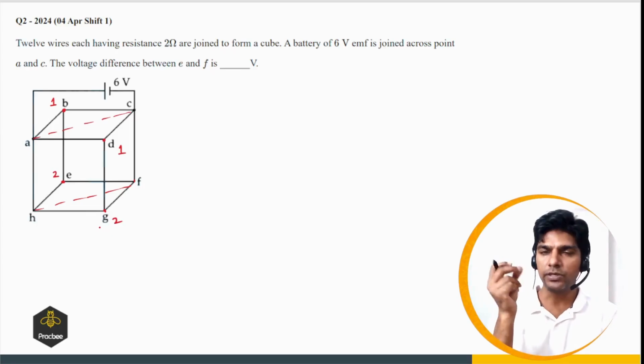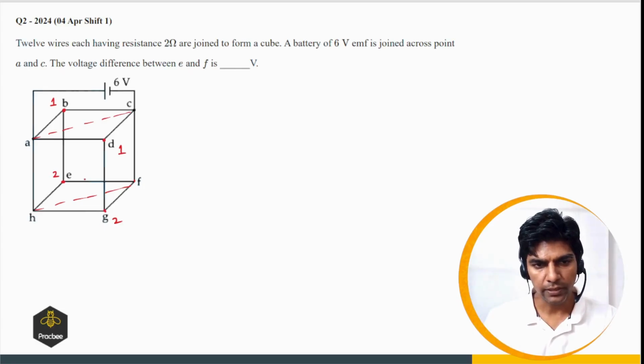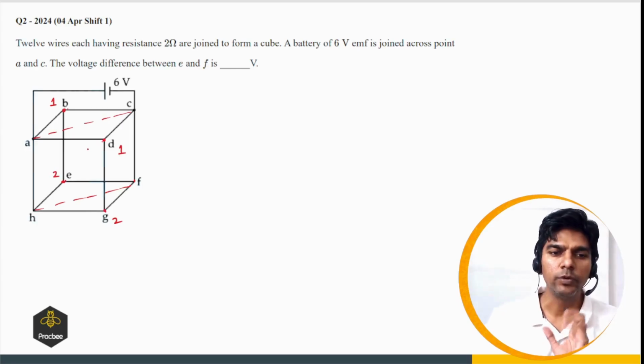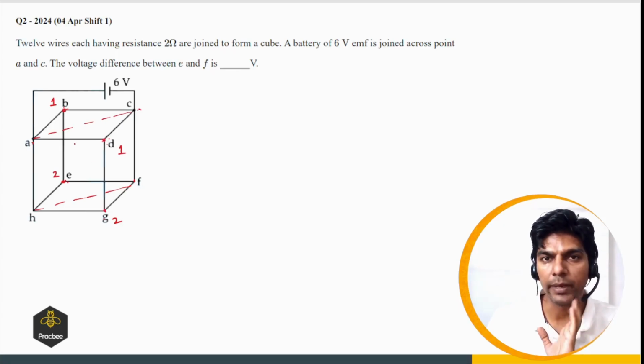Now we have equipotential points. If we join equipotential points, it does not change the circuit. So let us join B to D and E to G, right? So when we do that, the resistors which are connected between AB and AD will become parallel, and the resistors connected between BC and DC will become parallel, and the resistors connecting between BE and DG will become parallel.